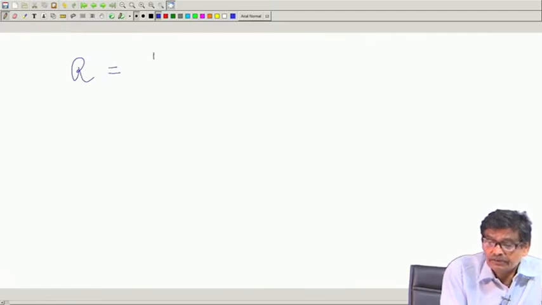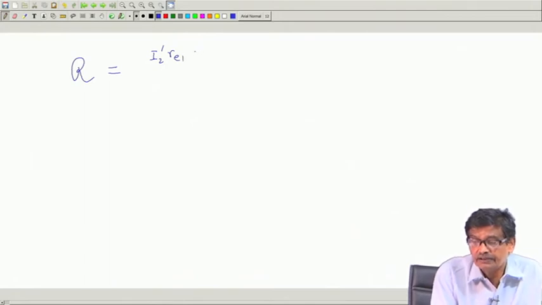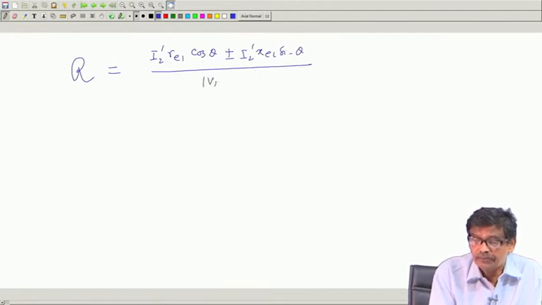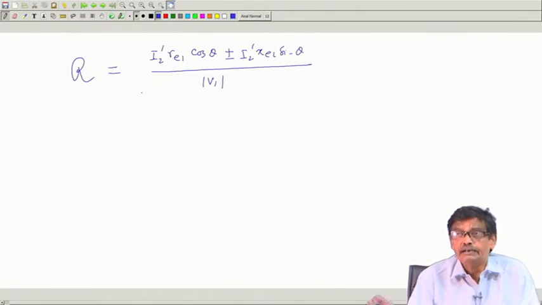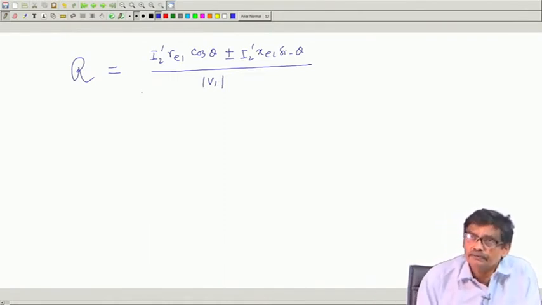This is equal to, referred to the primary side as I have defined, Re1 cos theta plus or minus I2 dashed Xe1 sin theta, divided by the magnitude of V1. Everything could be written in terms of the secondary side.